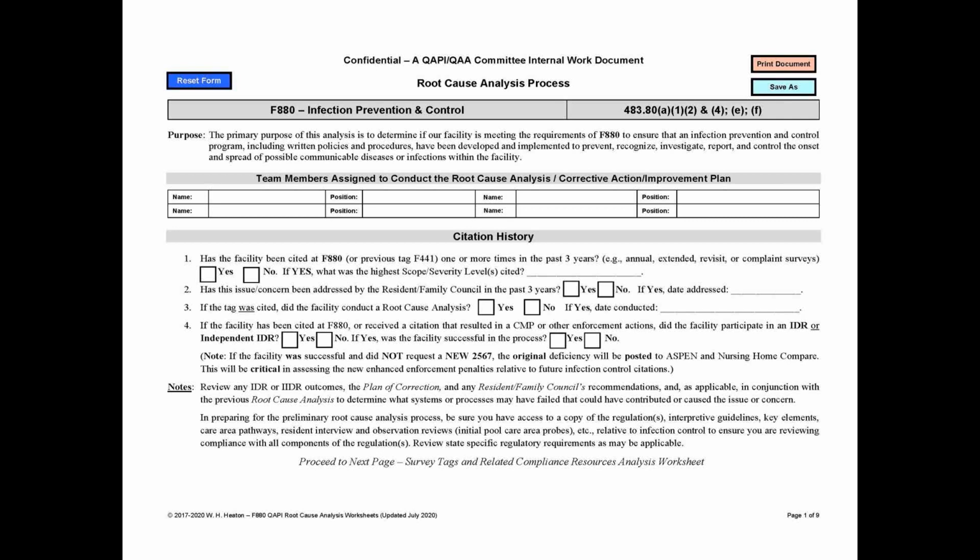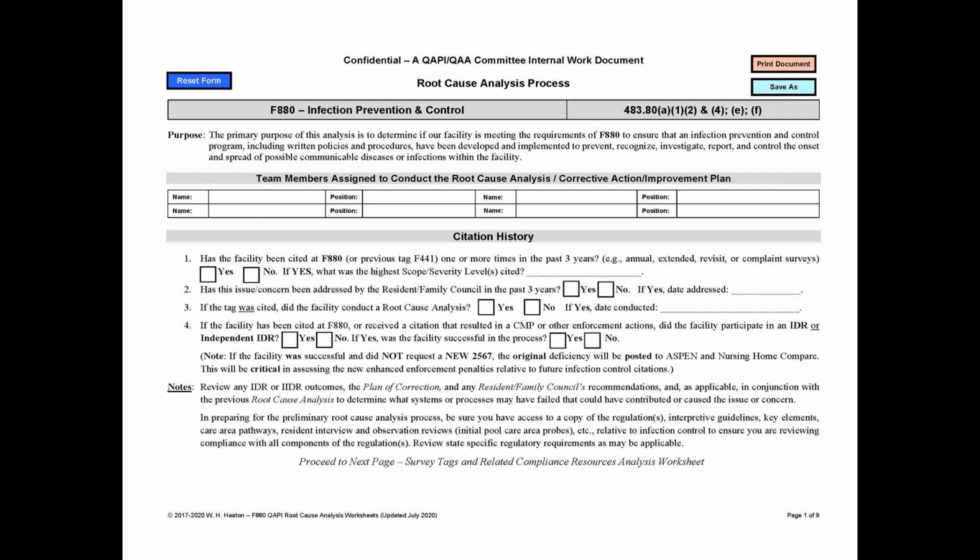The first process that it looks at is the citation history, and Pat mentioned that. It's very important that we look at our past compliance history, especially if you look at number 4 on the screen.